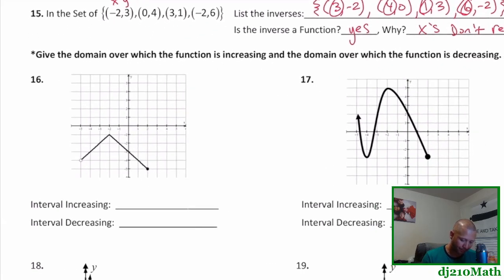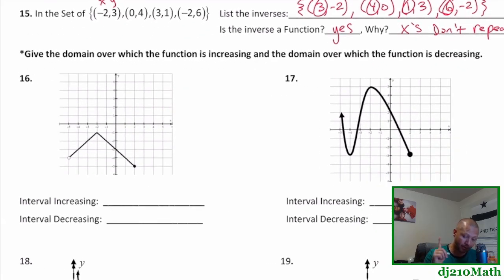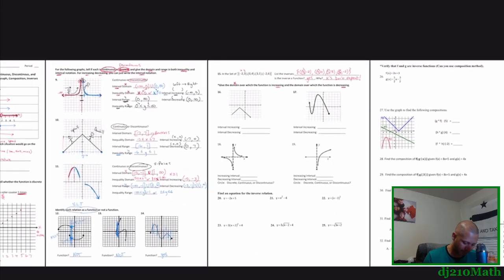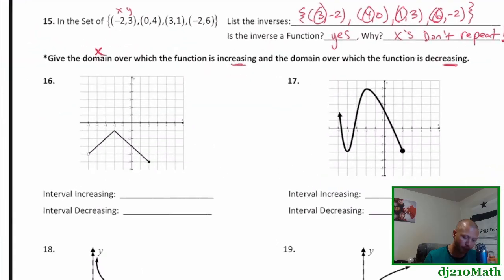All right. 16. Give the domain, the x values, over which the function is increasing and decreasing. So this is just like 9 and 11, but increasing and decreasing only. So we know that it's going to be in parentheses.